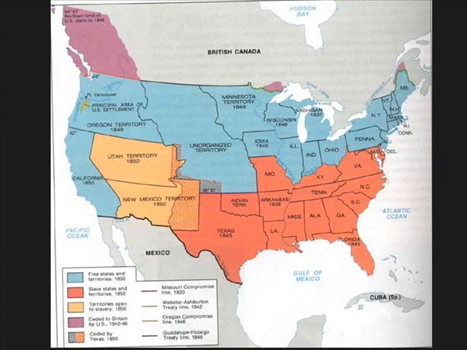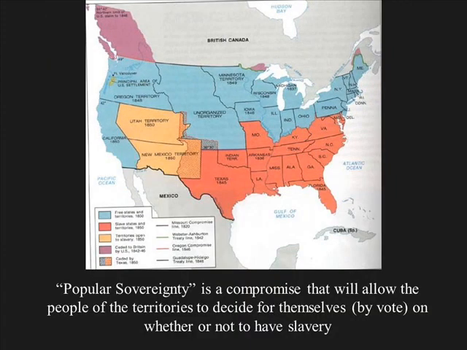And that's the giant crux of the debate. And it will be throughout the 1850s. It will be even under President Lincoln. The debate is over whether to allow slavery to be extended into all these territories or not. And a compromise is proposed.